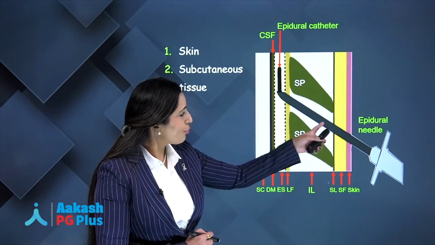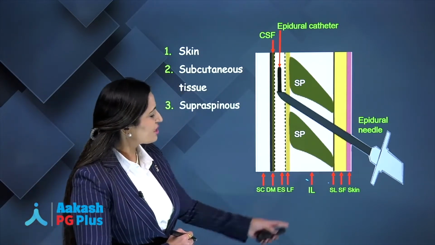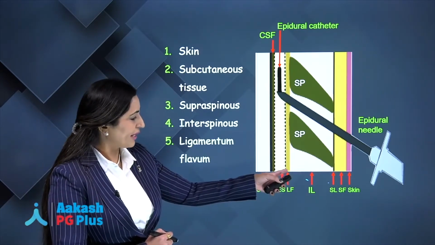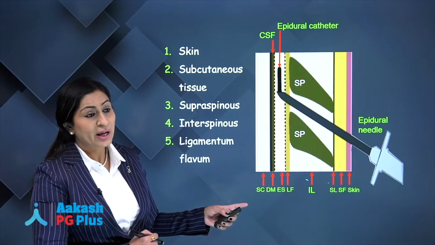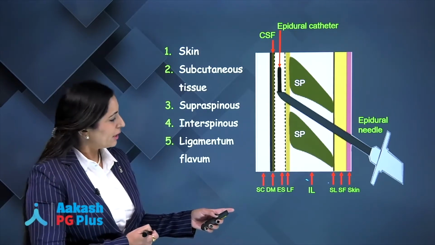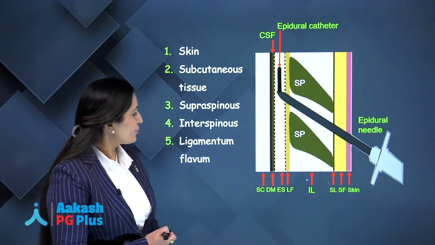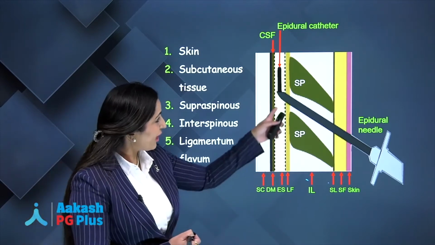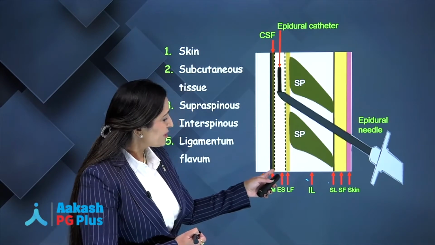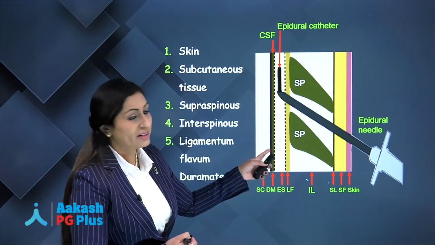Then the supraspinous ligaments, right? Then the interspinous ligaments. Then the ligamentum flavum, that's a yellow thick ligament, and once you pierce this ligament, it gives you a feel. And beyond the ligamentum flavum is the epidural space, and that is where we are putting our epidural catheter. And when we pierce the dura, we go into the CSF, the subarachnoid space.